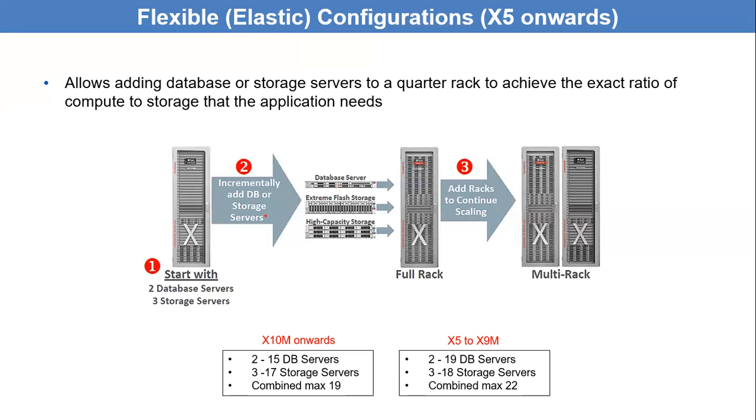So when you use flexible configurations, you need to understand how many maximum database servers you can add to the rack, how many maximum storage servers you can add, and the combined max, how many servers can be there inside the rack. As long as you are aware of these rules, you can go on incrementally adding more database servers and more storage servers to your rack, and scale this rack to handle any workload.